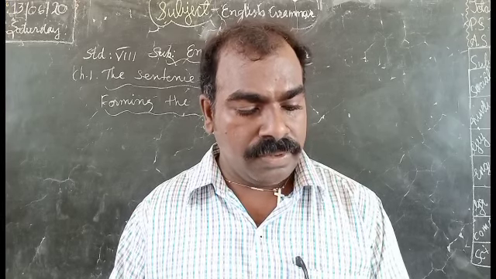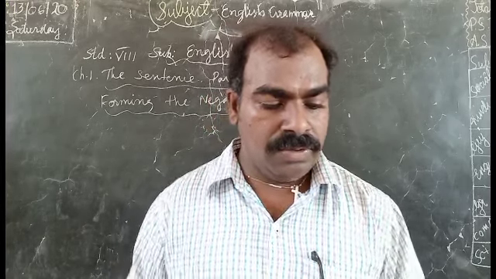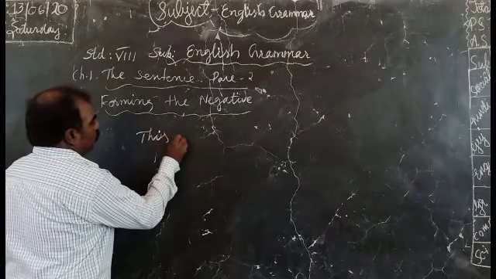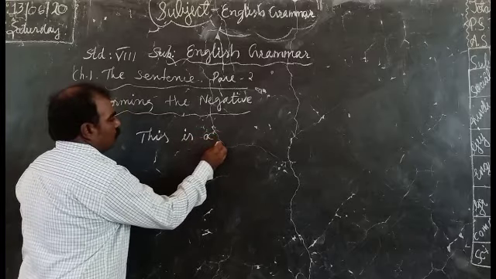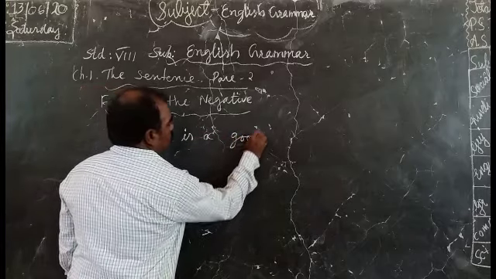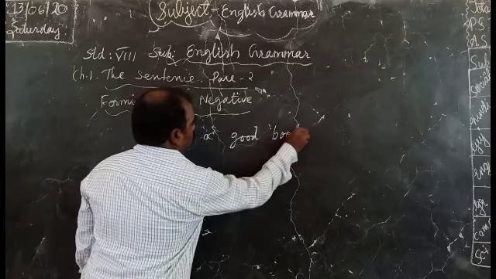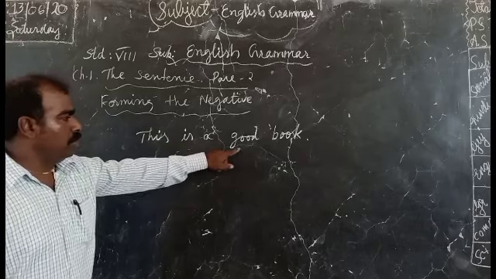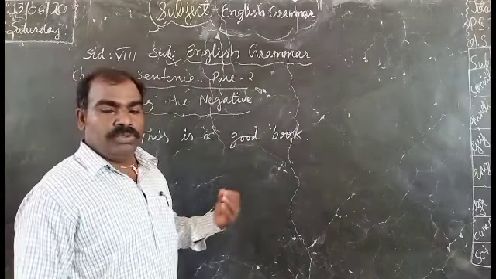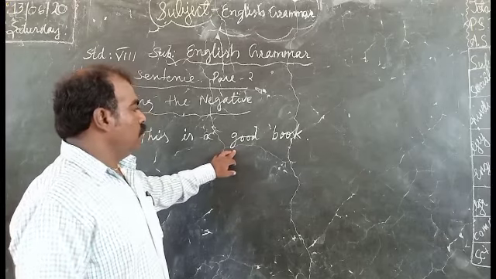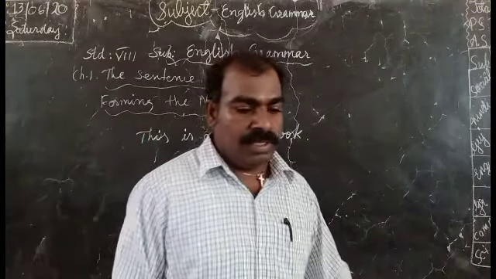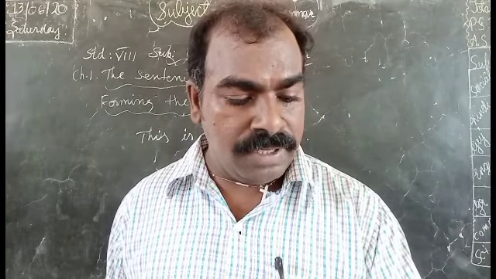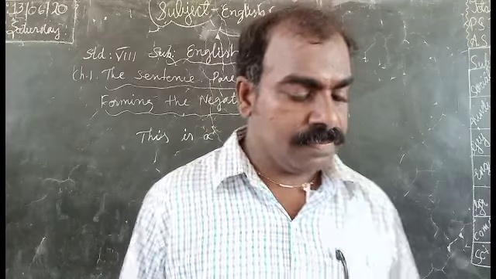This is a good book. This is not a good book. Let us see an example. See the sentence, this is a good book. How to change into negative sentence? Here they have written, we add the word not after the first auxiliary verb.